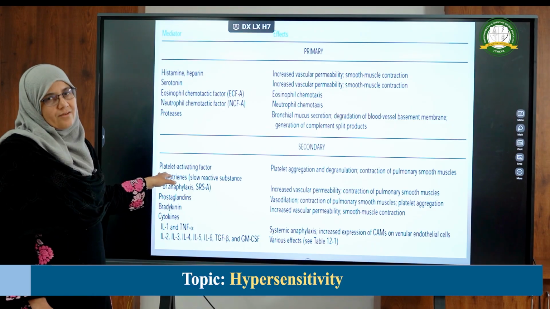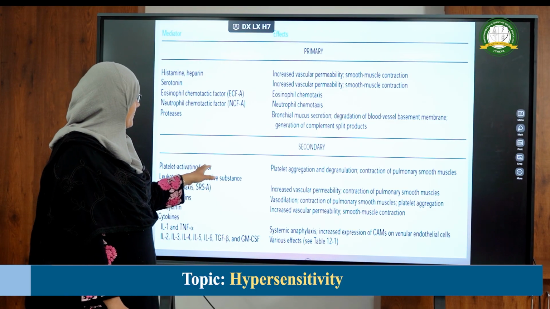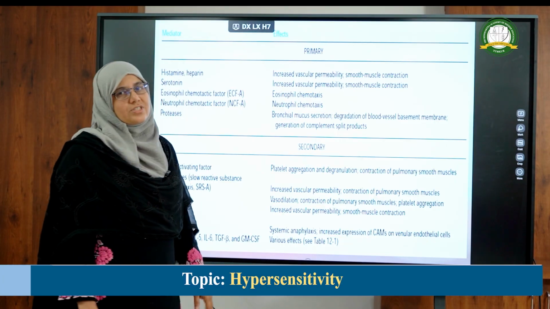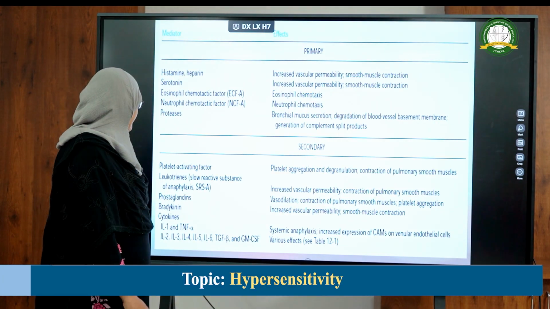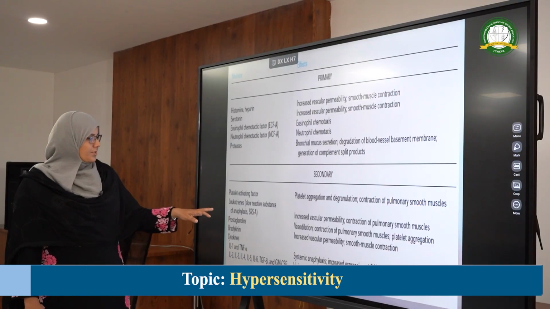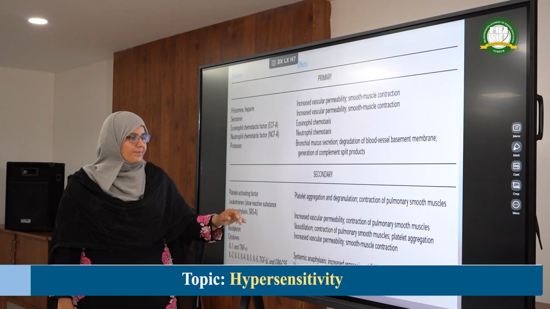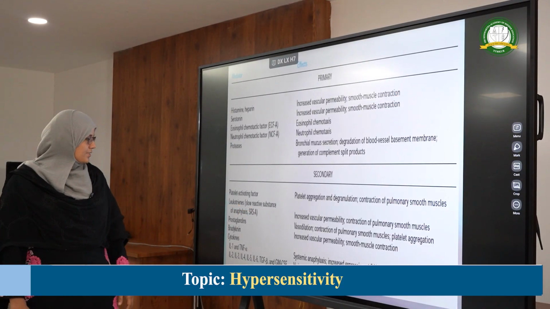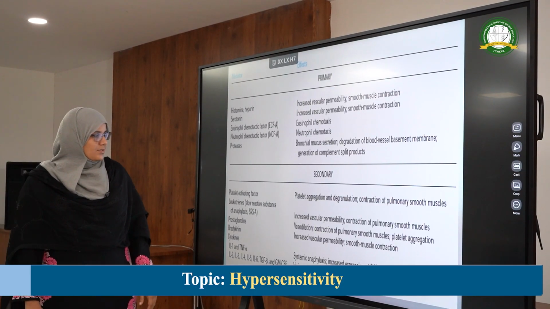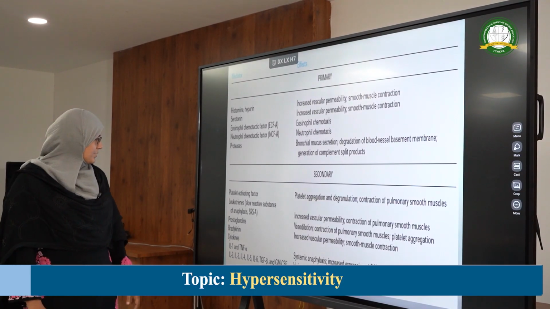We have PAF, or platelet activating factor, which causes aggregation and degranulation of the platelets, and also causes contraction of the smooth vessels. We have leukotrienes and prostaglandins, which cause increased vascular permeability and contraction of pulmonary smooth vessels. Bradykinin causes vasodilation and contraction of pulmonary smooth muscles.